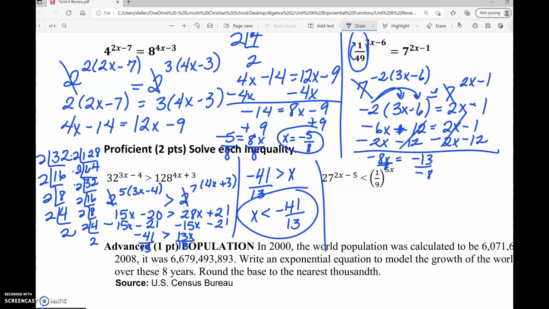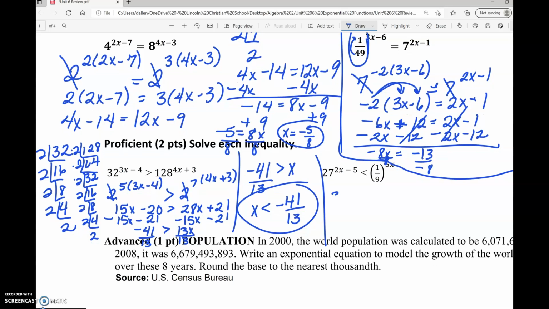Same thing here, rewrite these so that my powers are the same, so rewrite 27 as 3 cubed. And rewrite 1/9 as 3 to the negative 2, because that was a fraction, and once that's a fraction, that's a negative power. So those cancel out, distribute my 3, so I have 6x minus 5 is less than negative 10x. I'm going to subtract 6x here.